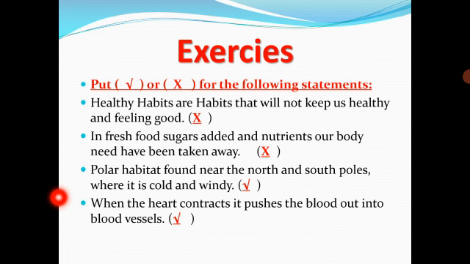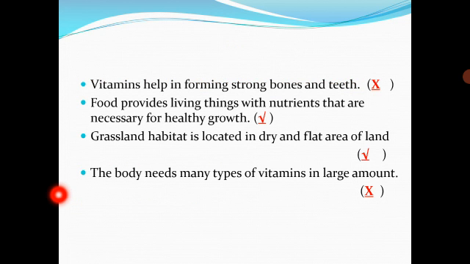Okay, right, true, excellent. When the heart contracts, it pushes the blood out into blood vessels. Excellent. Vitamins help in forming strong bones and teeth. Wrong. Minerals help in forming strong bones and teeth.